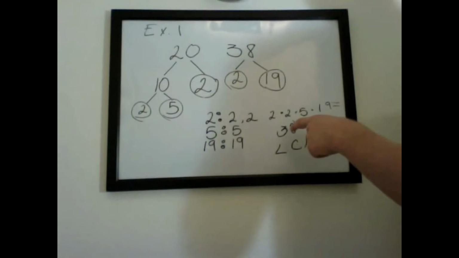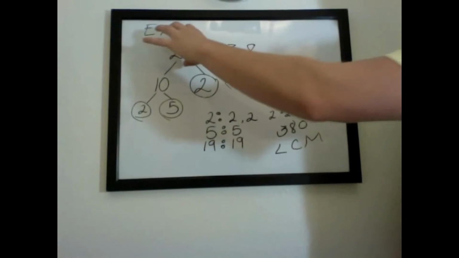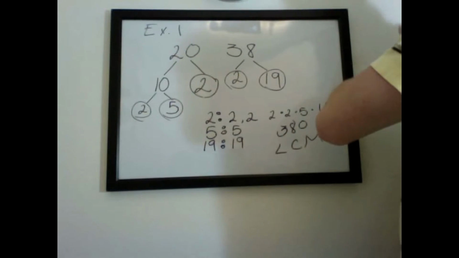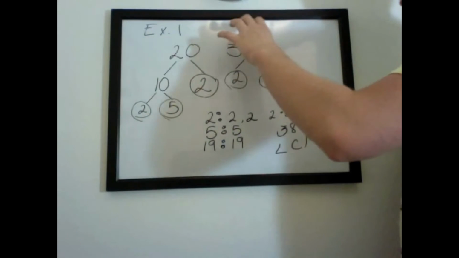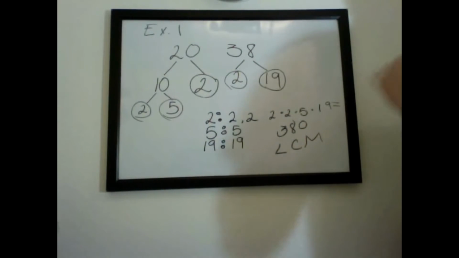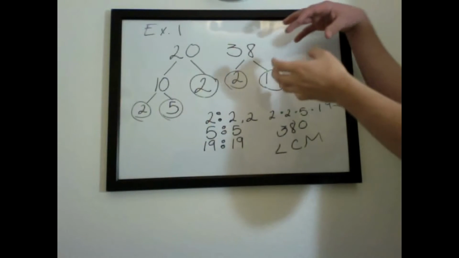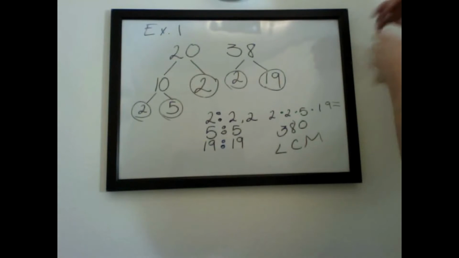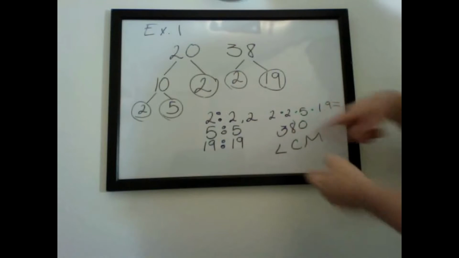Okay, so don't forget, when you take multiples of 20 and you make a list of those, all the way up to whatever number you want to stop at, and you take the multiples of 38 and make a list of all those, you'll see that those two lists will have certain numbers in common. And the lowest number that they have in common is 380.